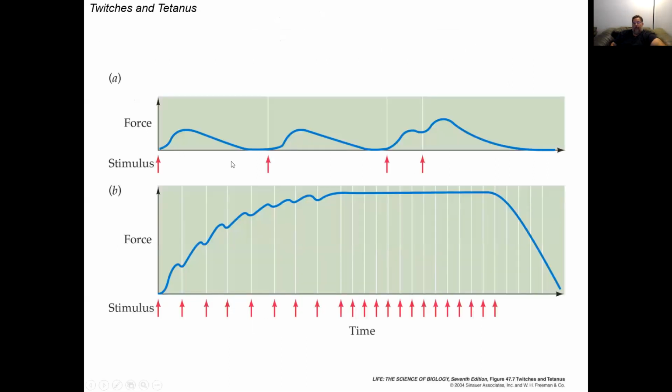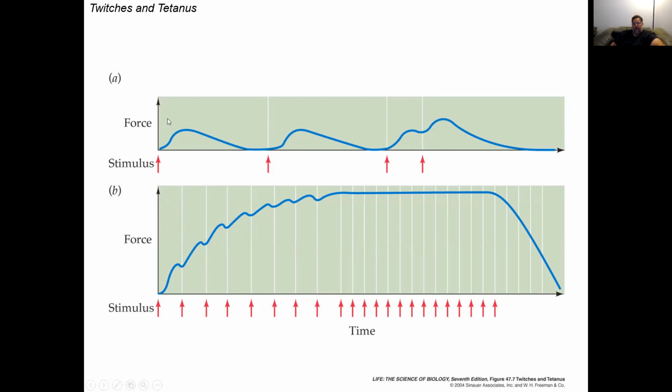So this is a diagram that you'll see from using a physiograph, and you'll get to try this in your homework from the physiograph lab simulations. Here is what we see. This represents the electrical stimulus, and you'll see that it shocks the muscle and causes a twitch that relaxes.